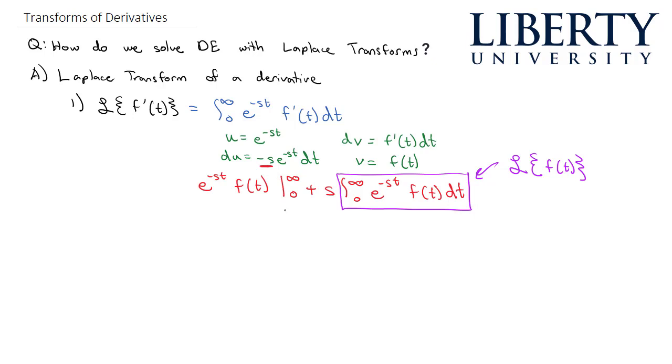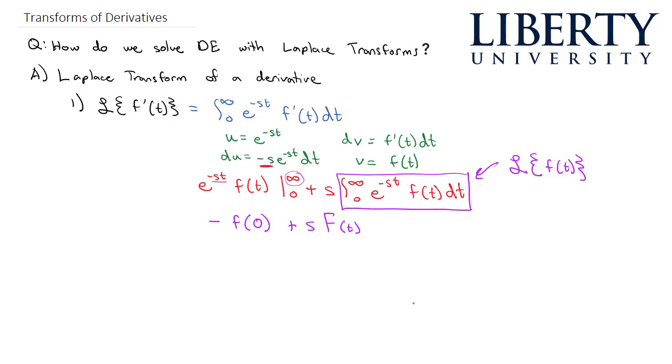So I'm going to evaluate this. First, on the left side, plugging infinity in, we get e to the negative infinity, which is 0, minus e to the 0 is 1, times f of 0, plus s times the Laplace transform of f of t, which we can represent with a capital F of t.